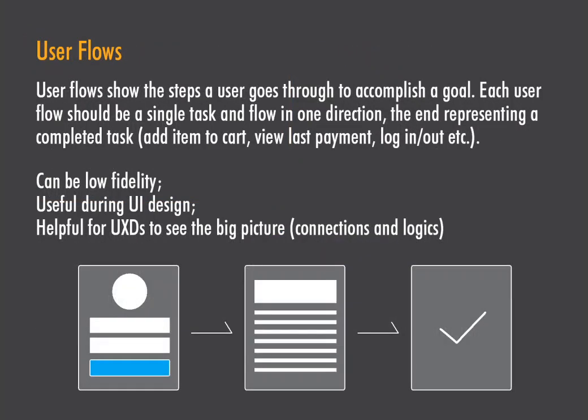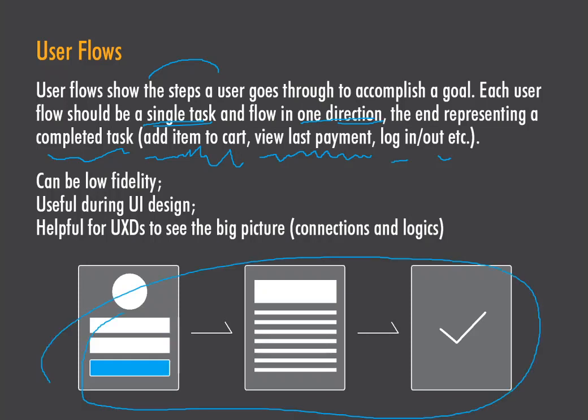User flow is steps a user goes through to accomplish a goal. Each user flow should be a single task, guys, and flow in one direction. The end represents a completed task, like one circle. For example, add item to a cart in a shopping site, or maybe viewing last payment, or log in or out. Just one whole process on your design.